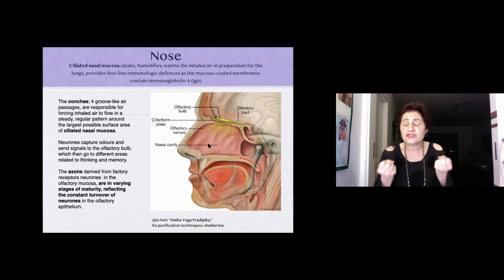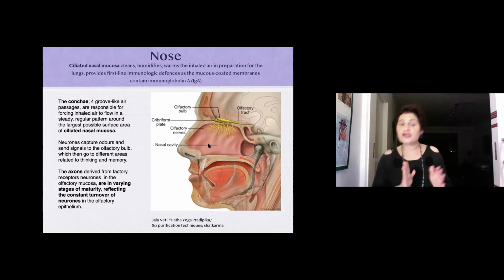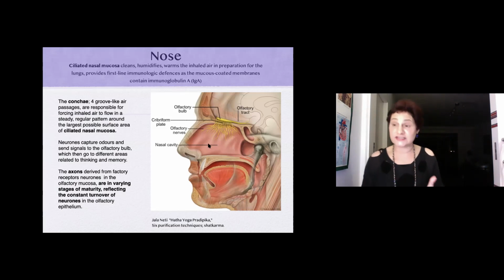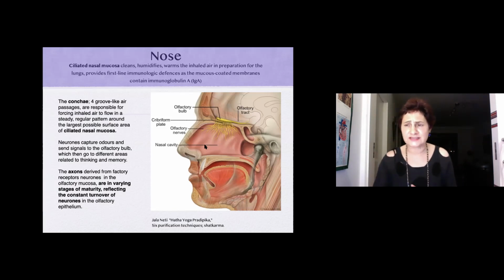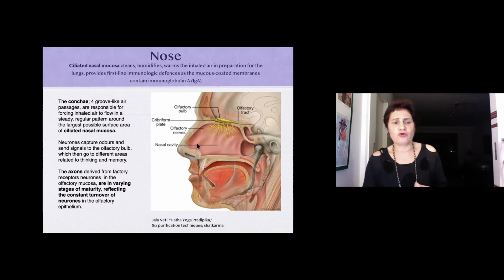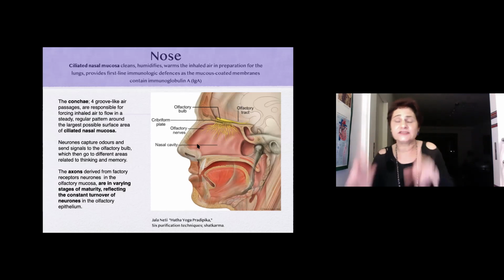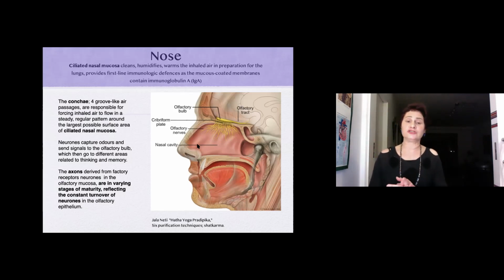Because the nasal mucosa is also filled with neurons and sends signals to the olfactory bulb, which then goes to different areas related to thinking and memory. So remember that olfaction is the most ancient sense we have, and it is guiding us at all different levels: for reproduction, in sexual endeavor, for smelling odors around us and recognizing others, and dangerous situations.